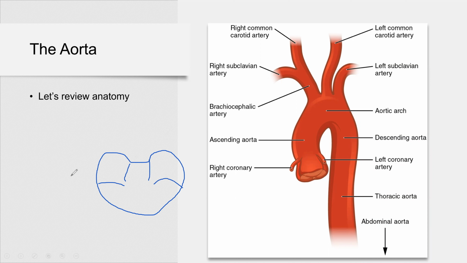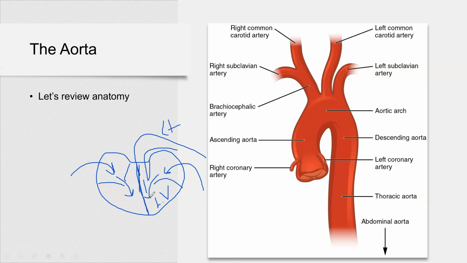Atria are receiving chambers, so the blood will be received by atria. So this is a septum, and then from atria blood moves to ventricles, and this is the left side, right? Now from a left ventricle, your blood will go through the biggest blood vessel in your body, that is your aorta. So the blood will go right there to the aorta.